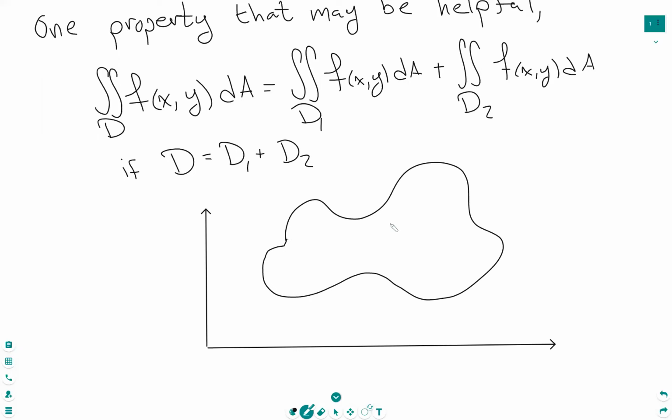So what we could do is perhaps split this up into two separate regions, where one of them is a type 1 and one of them is a type 2. So maybe I split it down the middle here. This is actually a terrible shape because I might have to do more than one split.